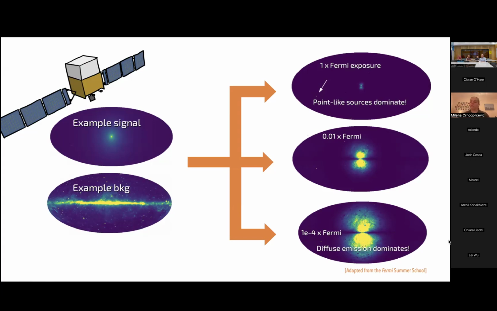But if you're looking for point-like sources, you can increase the exposure time, with the caveat that those sources are further away, and thus you have a harder time disentangling the morphology and the luminosity of those sources.